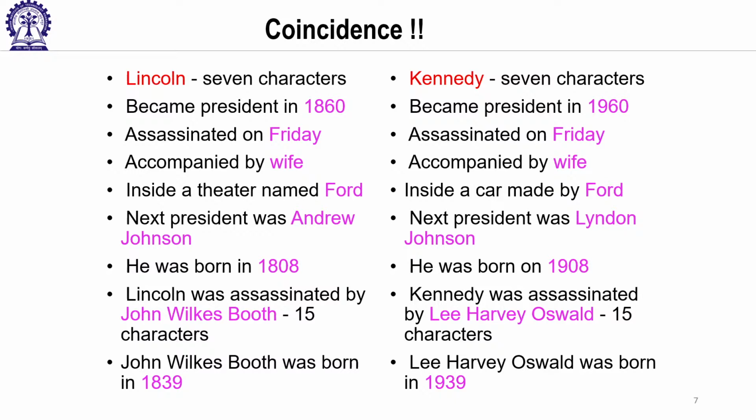One was born in 1808, another in 1908. Lincoln was assassinated by John Wilkes Booth, 15 characters. Kennedy was assassinated by Lee Harvey Oswald, 15 characters. And one was born in 1839, another in 1939. So coincidence is possible, right? It is also possible in crystals, it is also possible in material science. Okay.